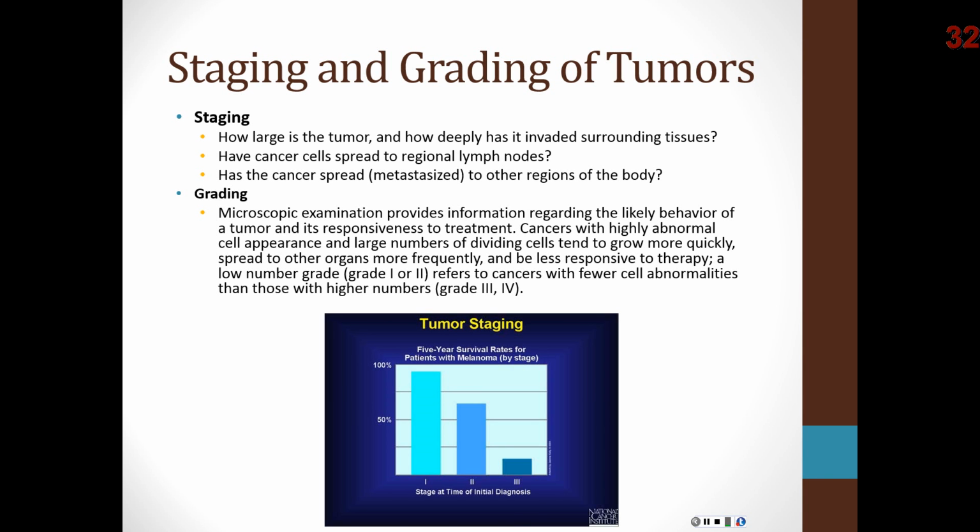They're going to be the worst types of cancer and more difficult to treat. So lower numbers, those that are more similar to the cells they began from, are easier treated. And so a lower grade is a better response in terms of how well the cancer will respond to the various treatments, chemotherapies, or radiation. Okay, that takes us to the end of the neoplasms.